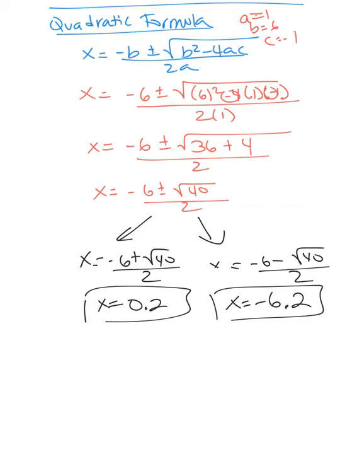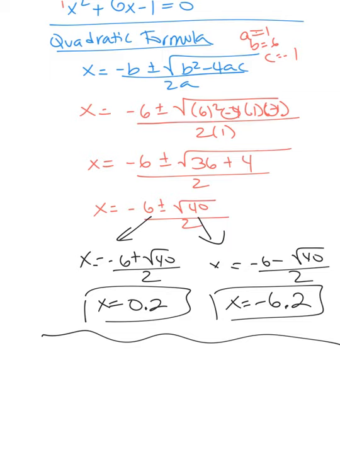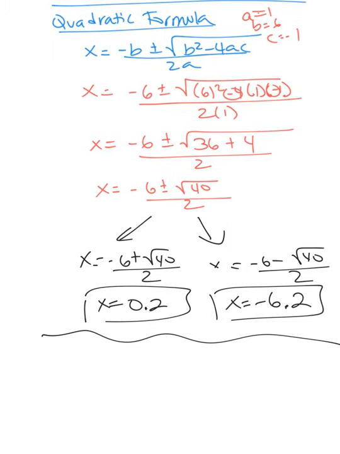Then I'm going to ask you to solve the problem again, only this time by completing the square. So you're going to take that same quadratic equation, x squared plus 6x minus 1 equal to 0. I think I have to go to a new page.